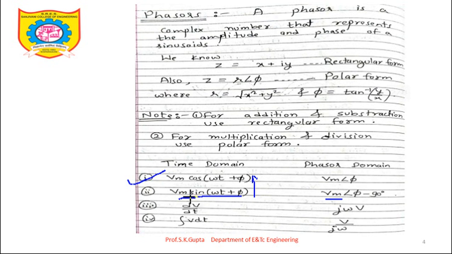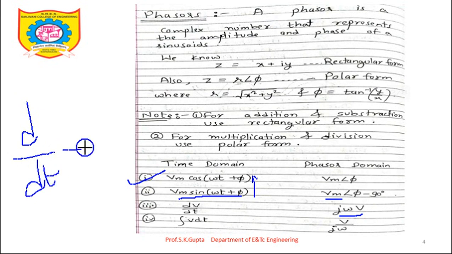Then if I have a derivative in the time domain, dv by dt, then in the phasor domain it is j omega times V. So with a derivative we are multiplying by j omega. So d by dt you can simply say is nothing but j omega.